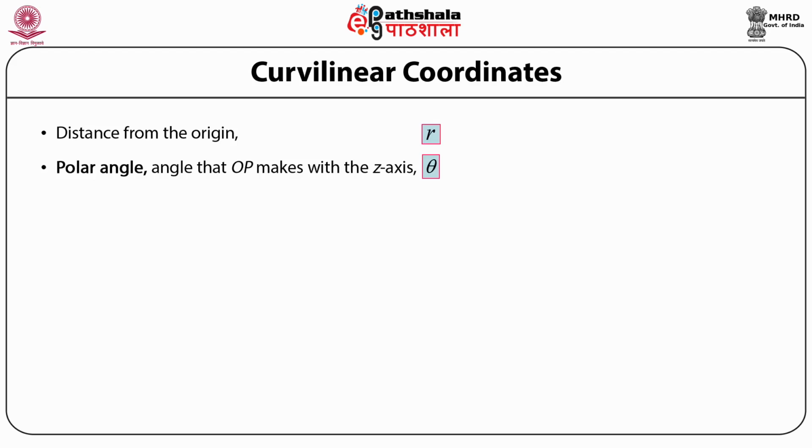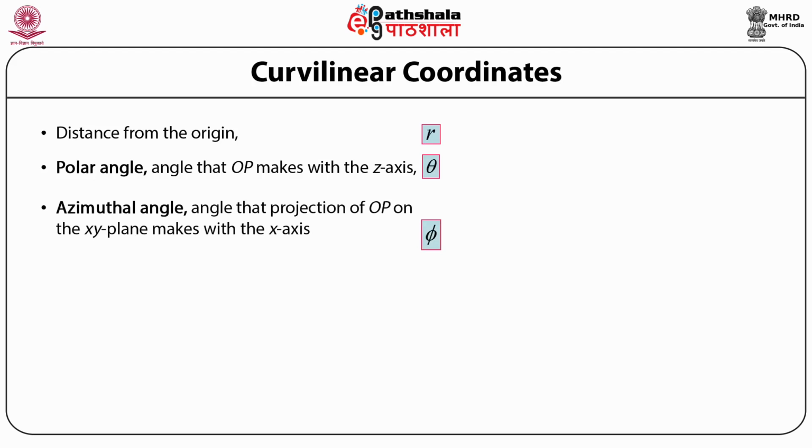So in case of the spherical polar coordinate system, the three coordinates are, instead of x, y and z, r, theta and phi, where r is the distance from the origin of the point P, theta is the polar angle that the line OP makes with the z-axis, and phi is the azimuthal angle which the projection of the line OP on the xy plane makes with the x-axis.